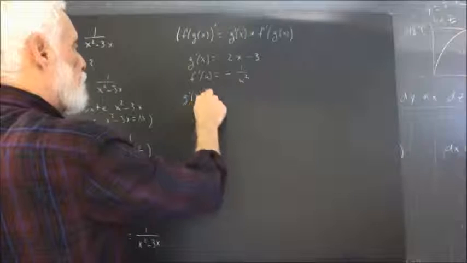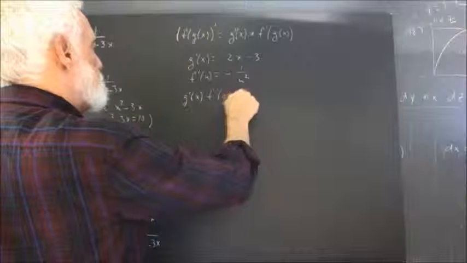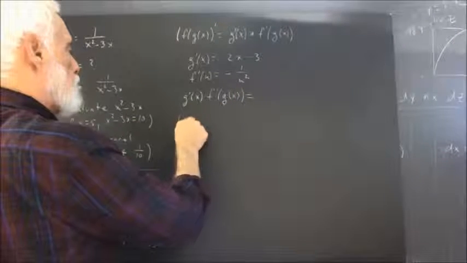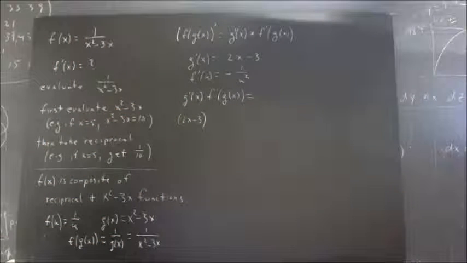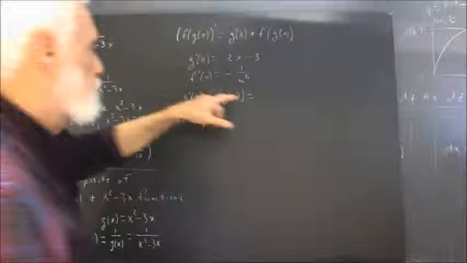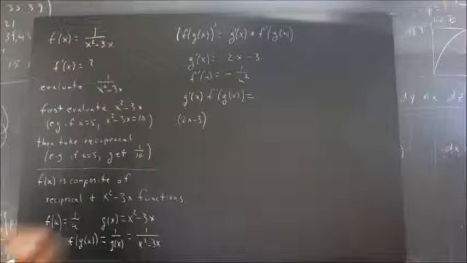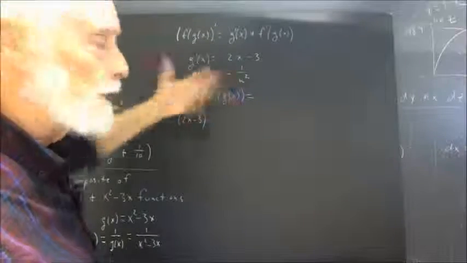I'm just going to write the whole thing out. g prime of x times f prime of g of x equals 2x minus 3. That's the derivative of g, multiplied by f prime of g of x. Well, f prime of u is negative 1 over u squared. So what's f prime of g of x?